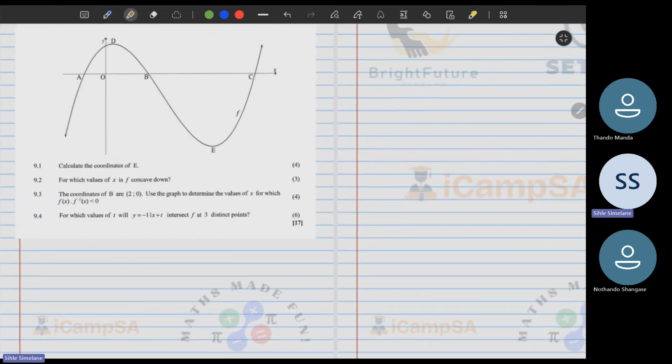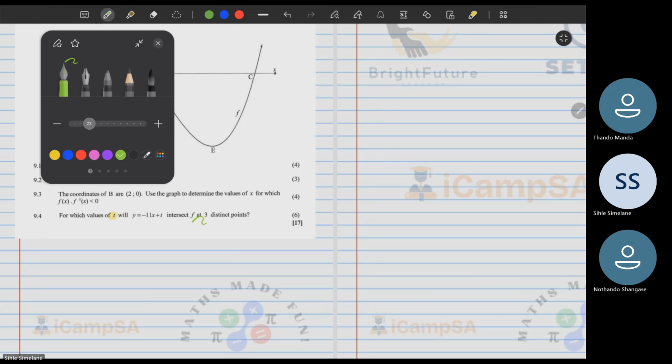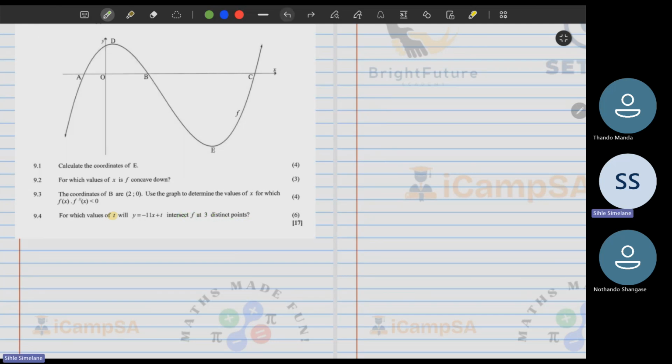We are asked for which t values will y equals -11x plus t intersect f at 3 distinct points. We need to be very careful of what is happening here.